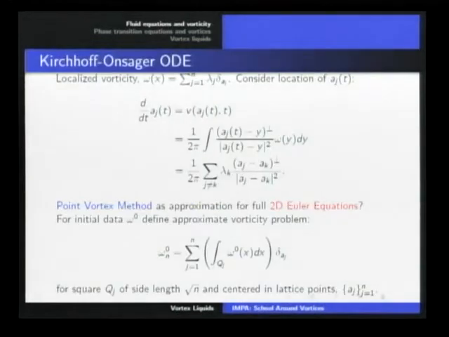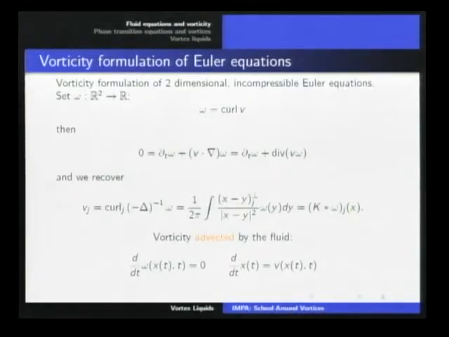And so if you put in your localized vorticity, at least at a formal level, and these lambdas are any real number, and you consider them located at some point a_j, then we can track the point a_j by these two simple relationships, right? The point is advected by the fluid, and the lambdas are constant along the advection.